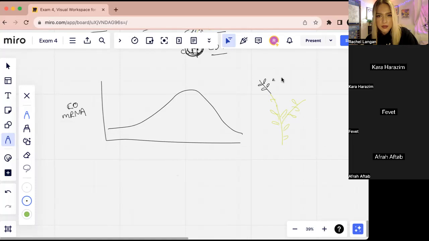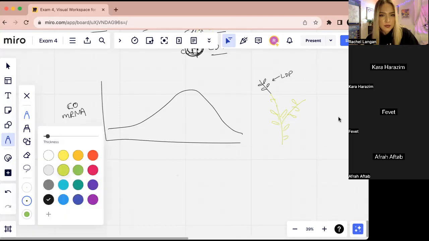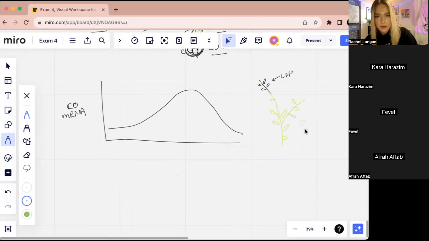So that little piece is the long day plant. So the short day. Okay, and then you as the experimenter manipulated the light delivered to this plant.